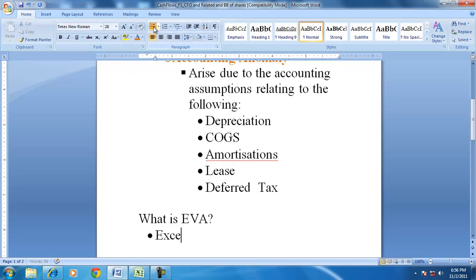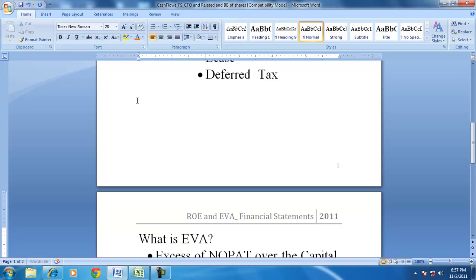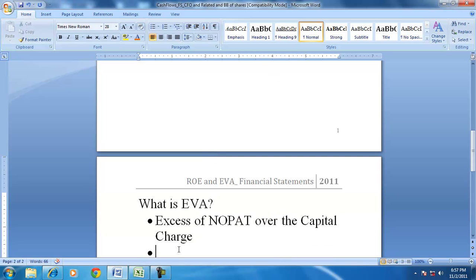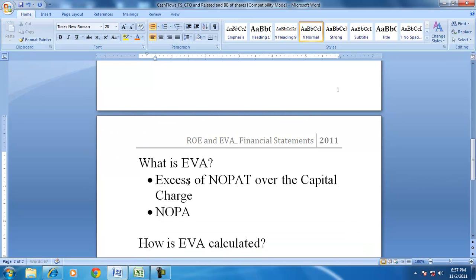EVA is the excess of NOPAT, net operating profit after tax but before interest, over the capital charge. NOPAT can also be called an adjusted PAT or adjusted profit of an unlevered firm. So NOPAT is an adjusted profit.